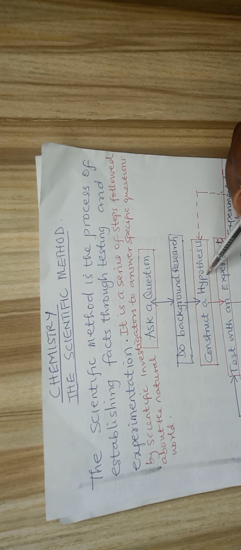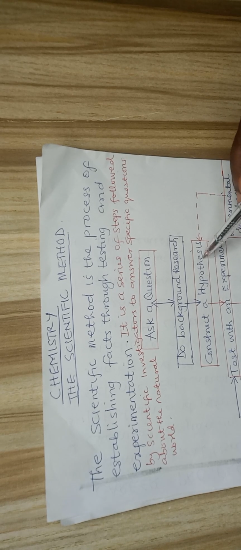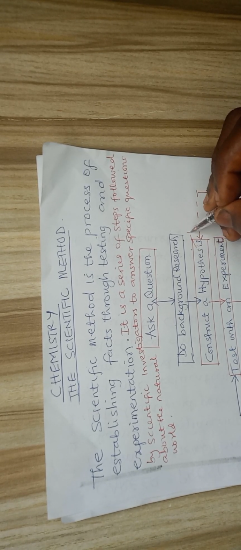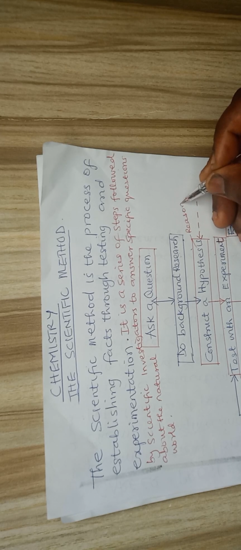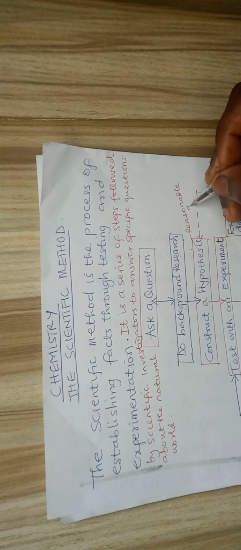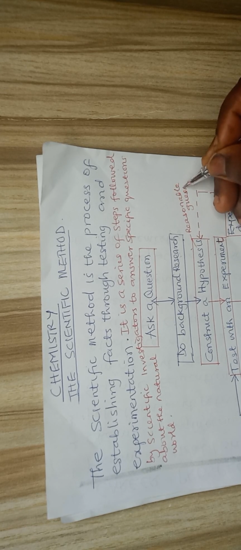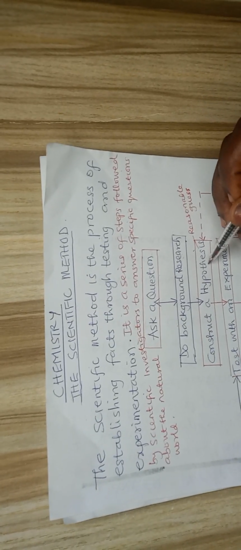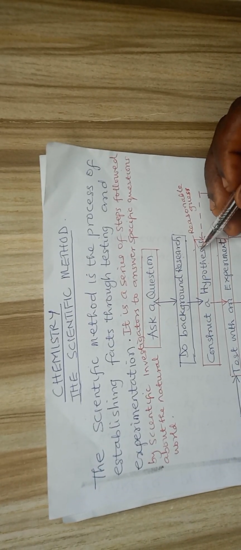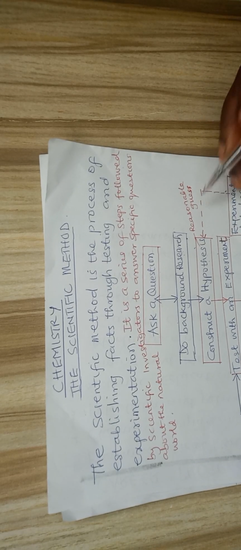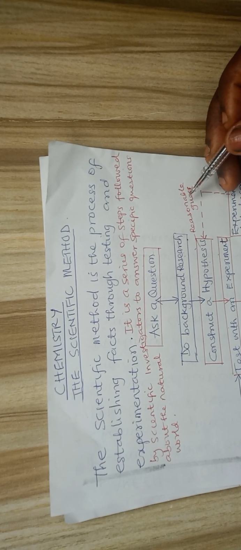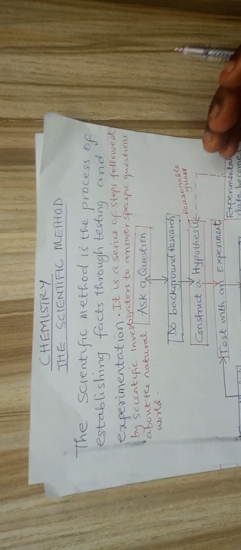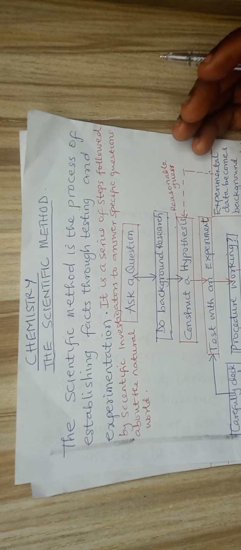Then the next thing is you construct a hypothesis. What does a hypothesis mean? Hypothesis means a reasonable guess. Then you begin to guess and you write down your hypothesis. Like, okay, maybe this formation of brown substance, which is rusting, is as a result of the sun or the water or the air.